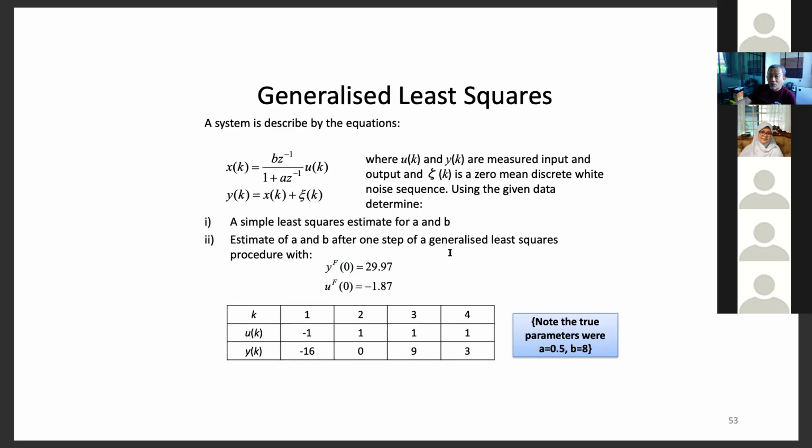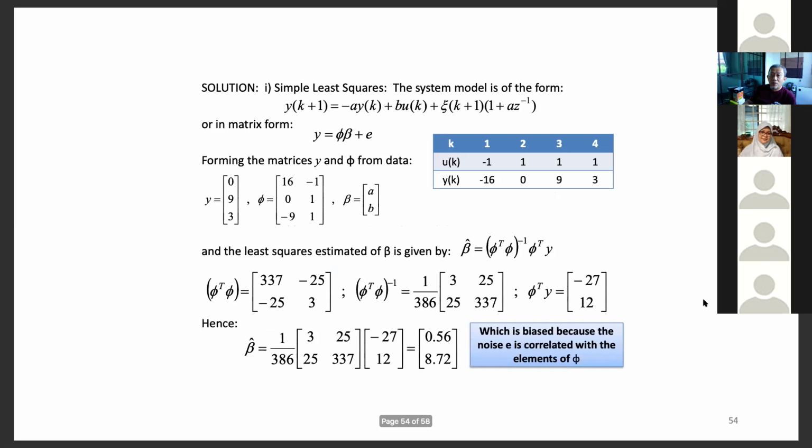So first of all, we find the simple least square estimate of B. As usual, we manipulate the transfer function shown before: yk plus 1 equals minus a yk plus b uk, but now we have noise, so plus zeta k plus 1, times 1 plus a z to the minus 1. In matrix form, it will become y equals psi beta plus e, where e is this zeta.